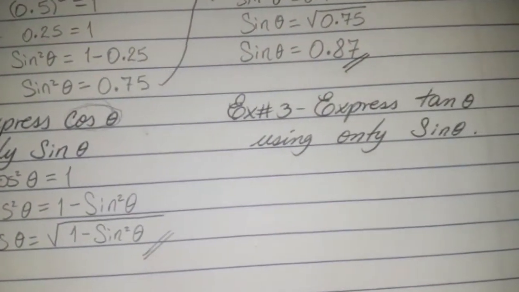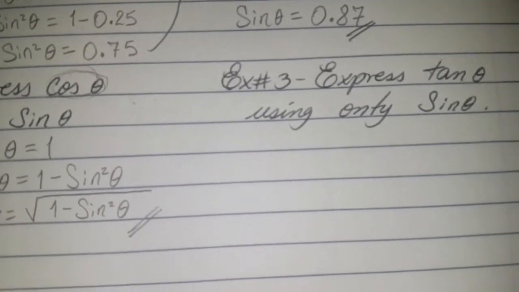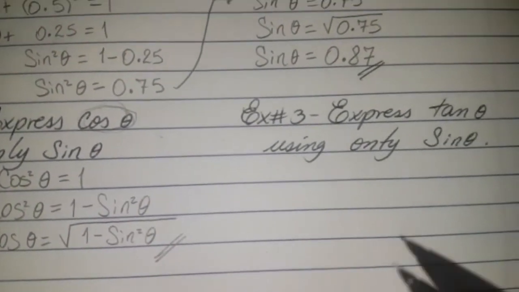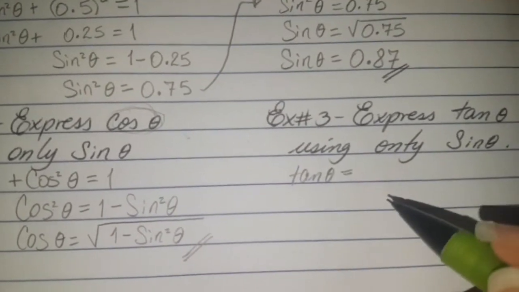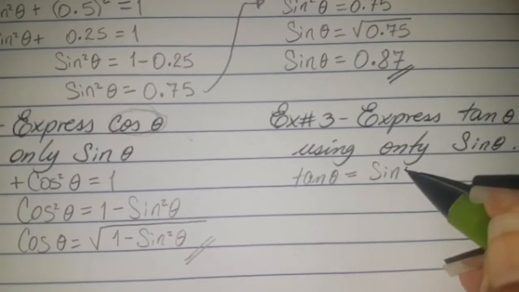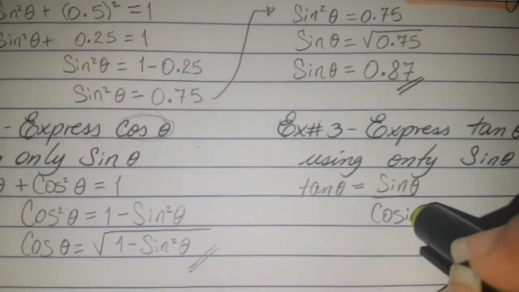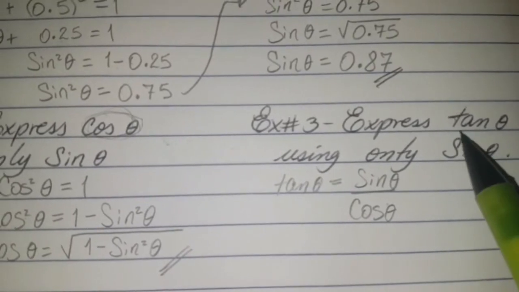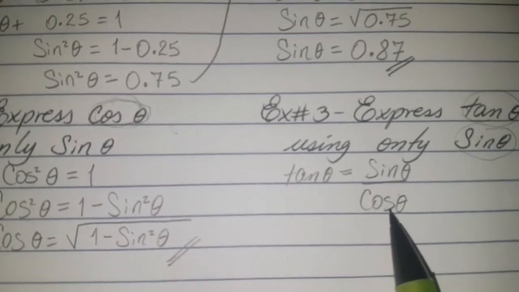That's the answer. Example number 3 says, express tangent of theta using only sine of theta. In your new concepts in the book, you have another trigonometric identity, which says that tangent of theta equals sine of theta over cosine of theta. They're asking us to express tangent using only sine, so what I have to change here is cosine.